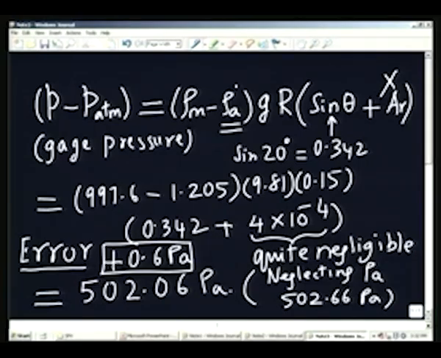Of course, you can represent it also as a percentage, and the percentage value, I will write it in the next sheet.